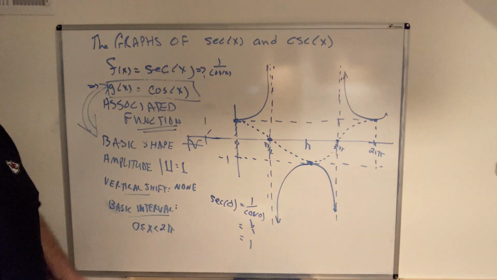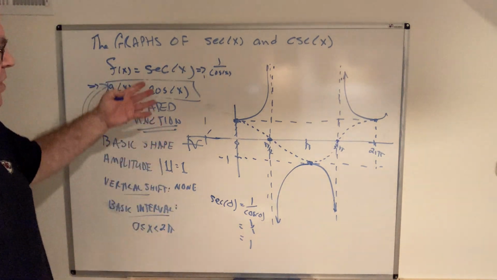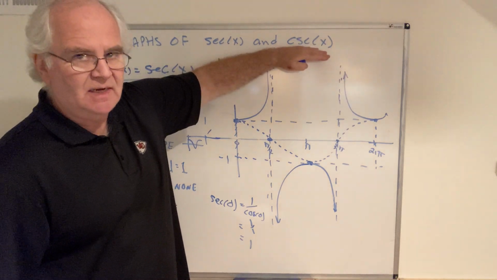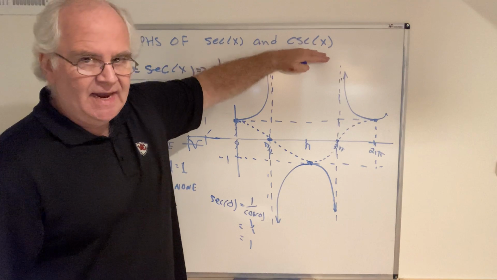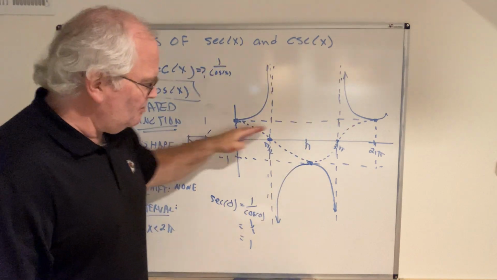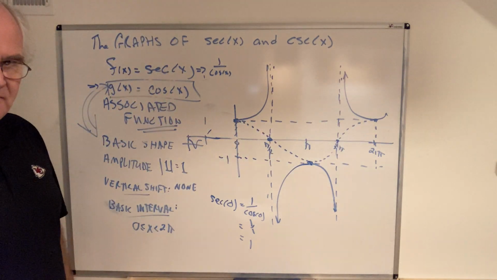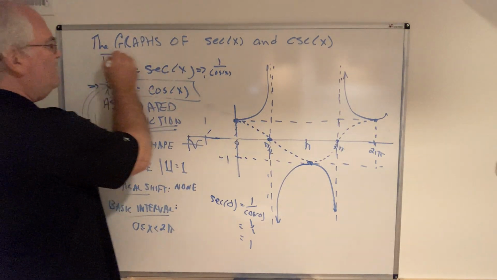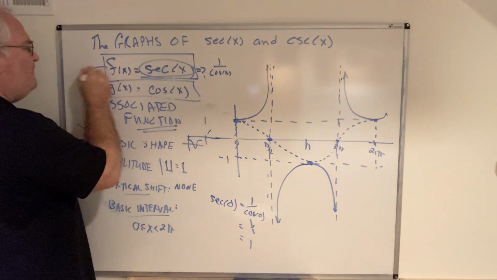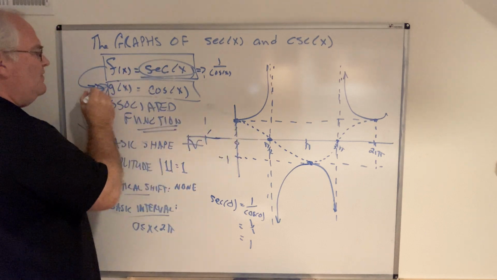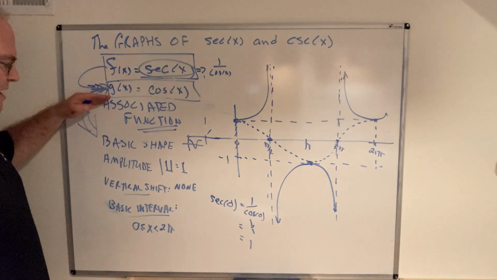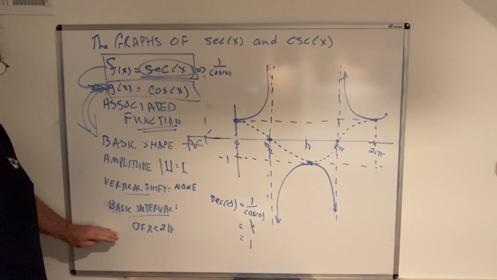All right? And then it's not even worth going through the same argument, because precisely the same thing happens here with cosecant. Anywhere sine has a node, that's where cosecant has a vertical asymptote, and then you follow the same process. So anytime you want to graph any function of secant or cosecant, you first graph, dotted line, the associated cosine or sine function using precisely the same procedure we've done before.